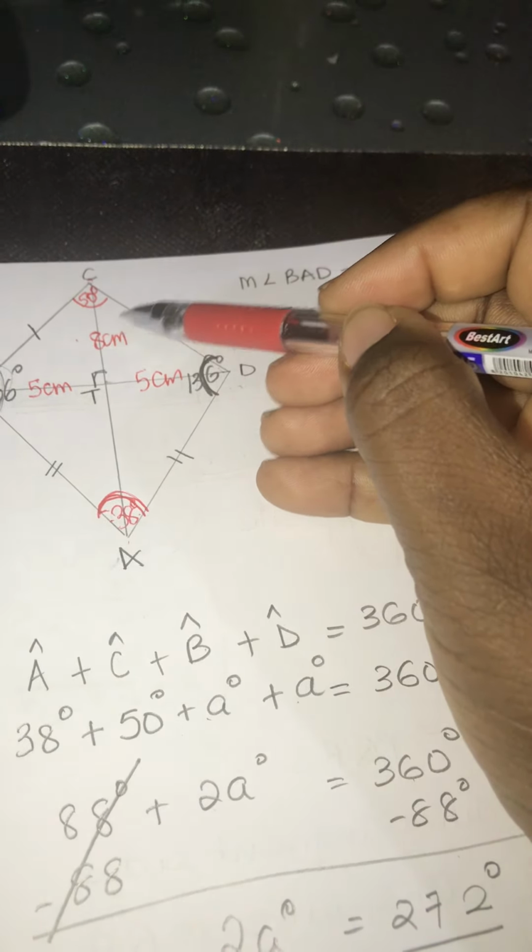So I have my right triangle like this. I always like to draw the triangle I am dealing with, so then I don't have to keep going back there. So I know this is C, this is D, and this is T. And this is 8 centimeters, and this is 5 centimeters, and this is 90 degrees.